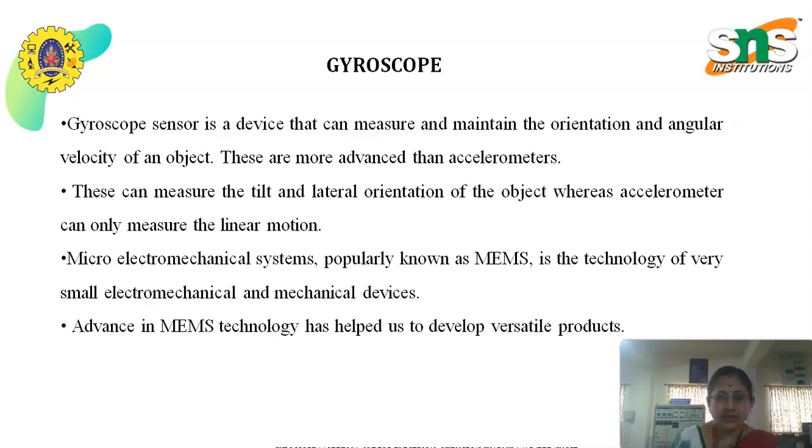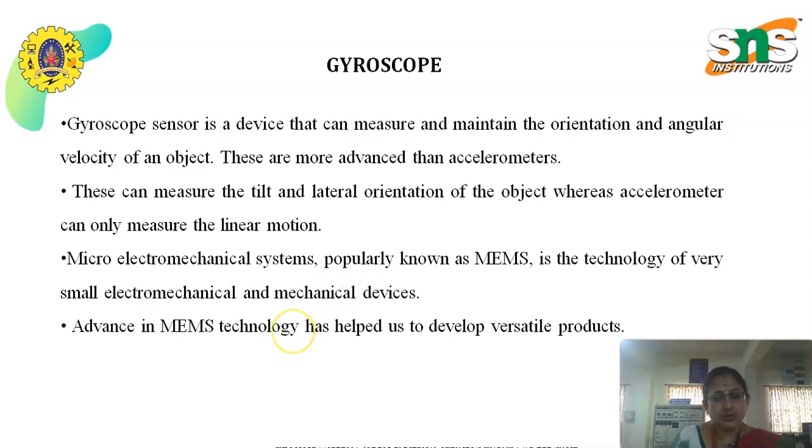Compared to accelerometers, gyroscopes are more advanced. The gyroscope is used to measure the tilt angle and lateral orientation of the object, whereas the accelerometer can only measure linear motion. At the start we saw that the accelerometer measures linear motion, that is the x-axis, y-axis and z-axis directions, but if we want to measure the rotational angle, we can choose the gyroscope.